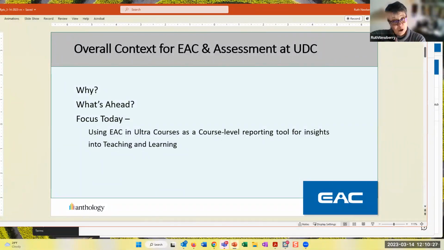So that's the long-term view. That's where we want to get to ultimately, giving insights to programs and the institution on student performance. But it all starts with the use of EAC as a course reporting tool.